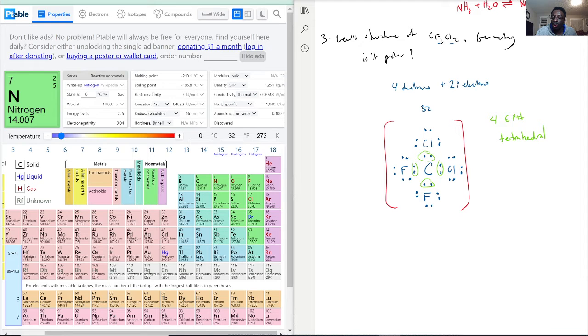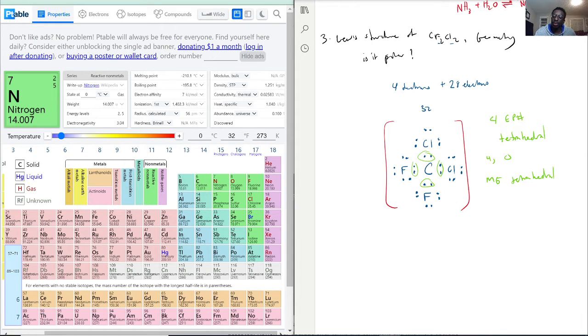Now we can go further. How many of the things attached to the carbon are lone pairs? 0. So we have 4 bonds, 0 lone pairs, meaning the molecular geometry is tetrahedral as well. So now we know its geometry.